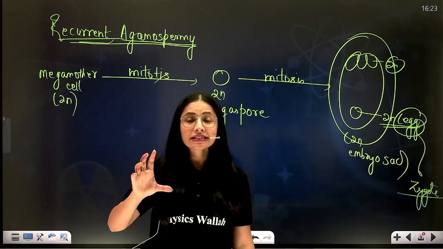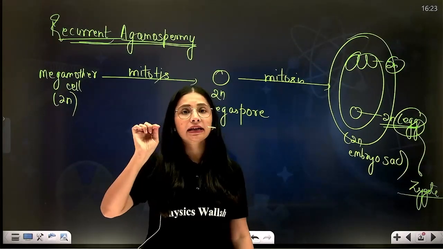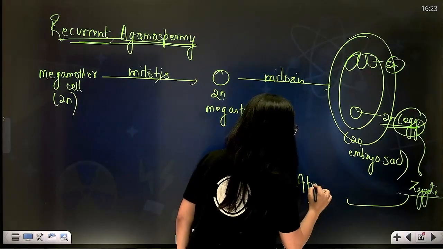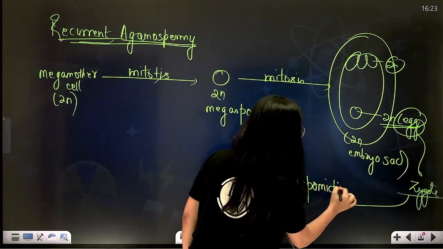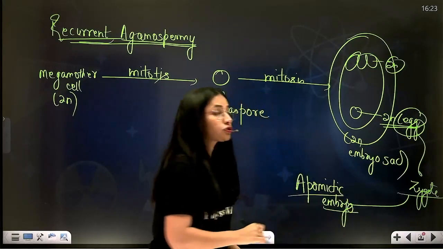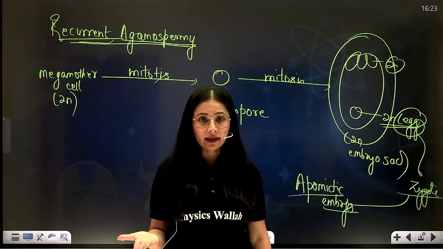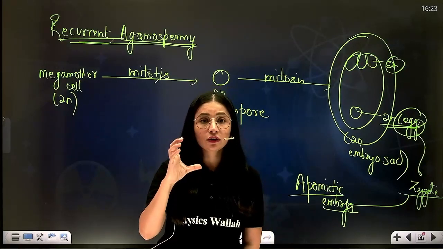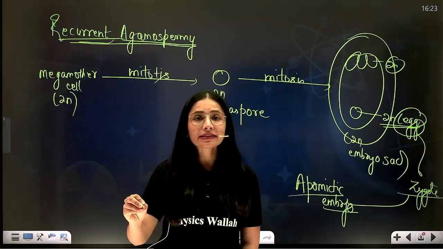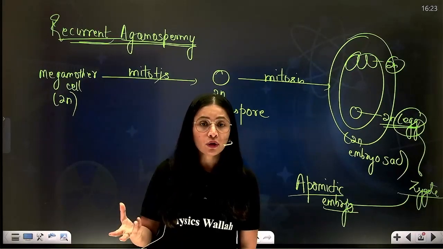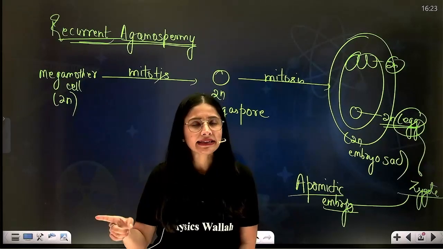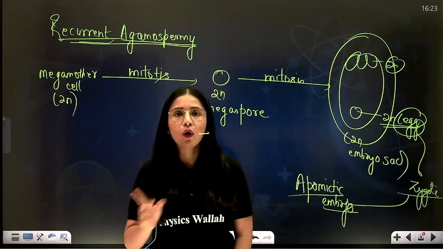Now, such a seed is having an apomictic embryo. So now this zygote is going to develop into, beta, an apomictic embryo. The seed is going to enclose an apomictic embryo. Now, when you sow this seed in the soil, the embryo is going to develop having all the same, identical properties as that of the parent.